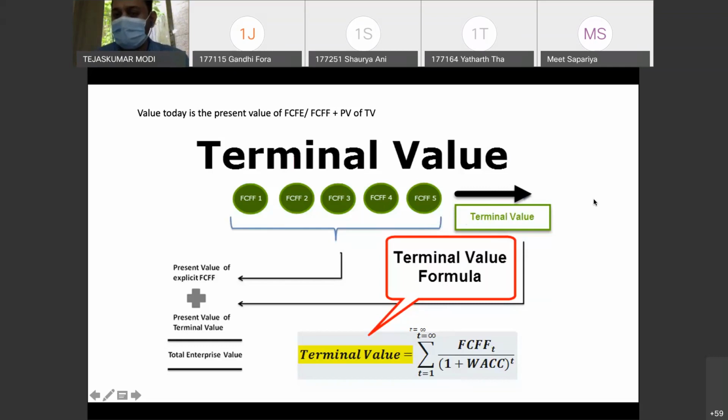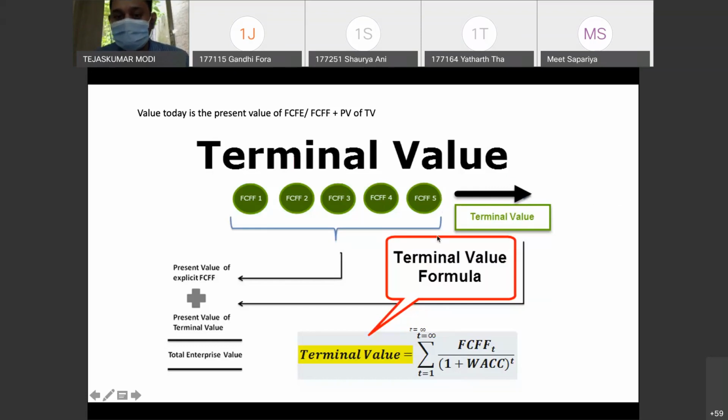Based on the period and the cash flow you expect, the terminal value formula would change. But the idea is that the terminal value captures the value beyond this time, maybe forever.